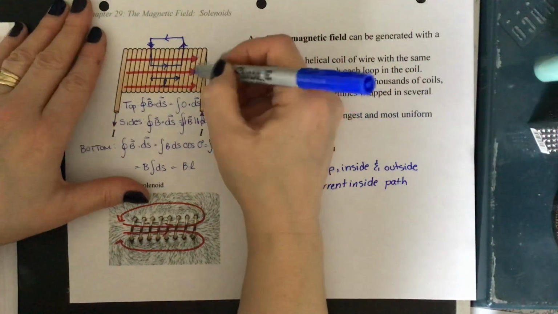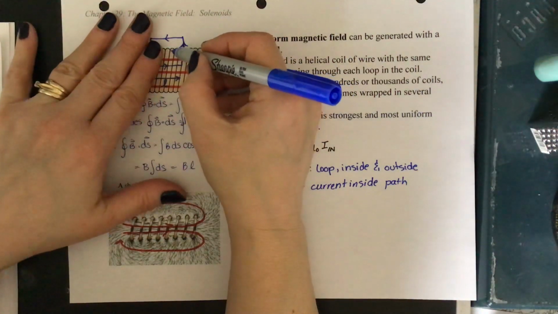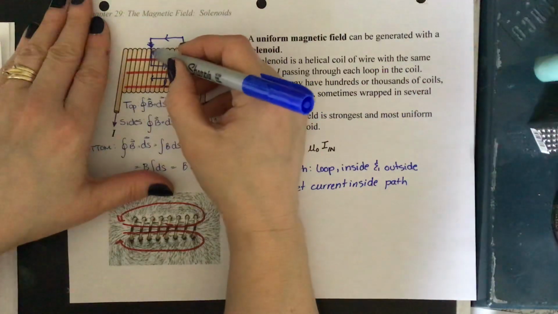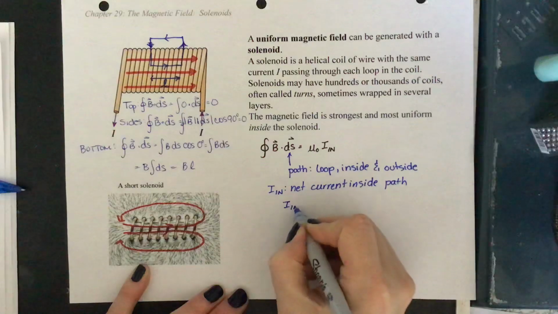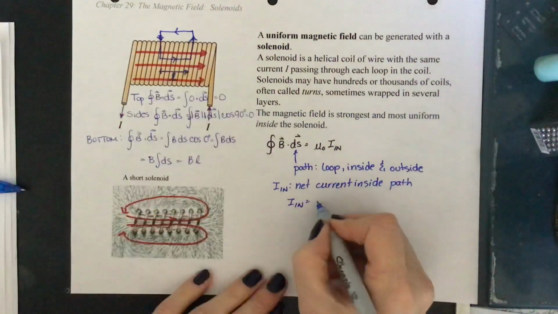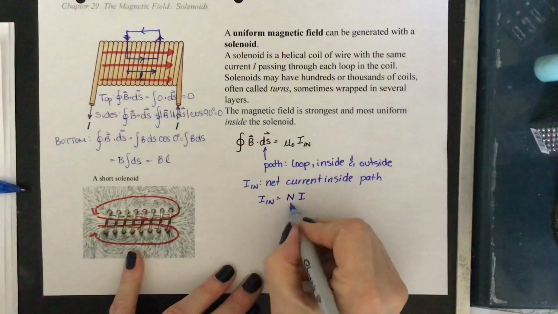This loop has current I, this loop has current I, that one has I. So the net amount of current is equal to however many loops there are inside there times the current in one loop. So N equals the number of loops.